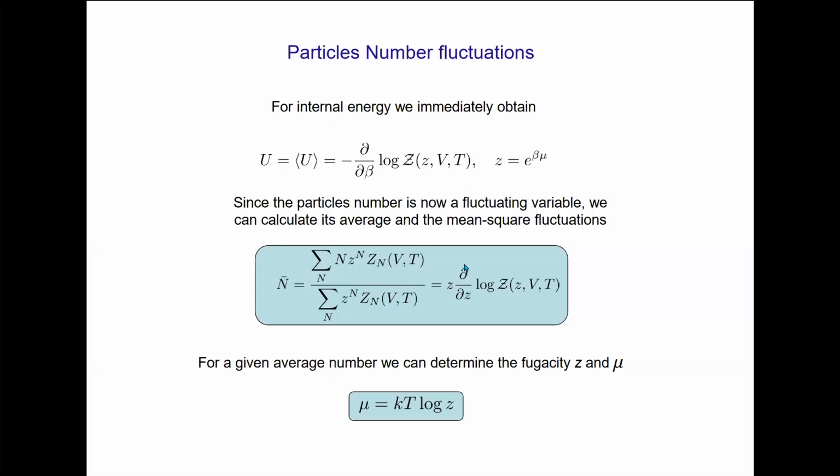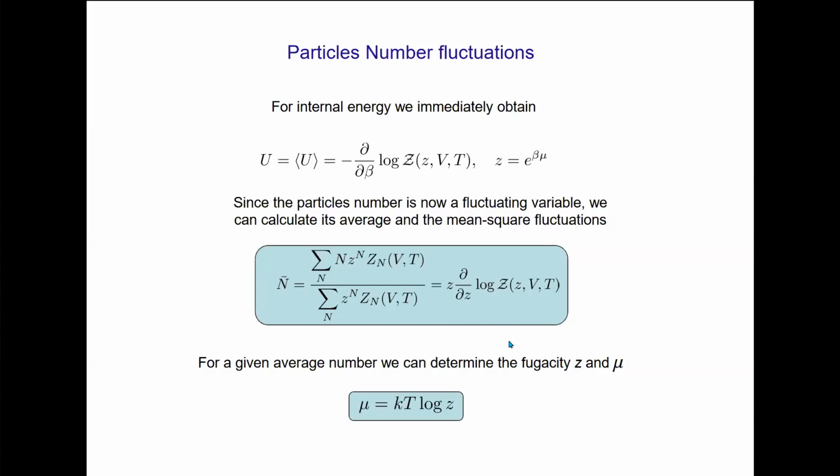So we can immediately see, as we've seen many times in the canonical ensemble, that this can be written as z d/dz of the logarithm of the grand canonical partition function. So the number of particles in the system can fluctuate, but the average number of particles is given by this kind of derivative.